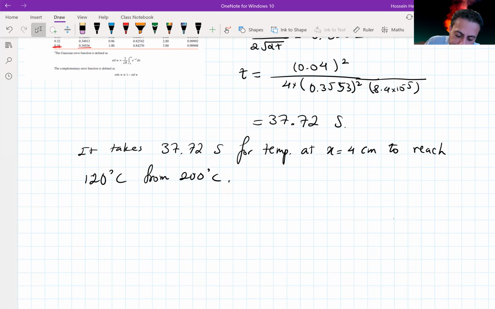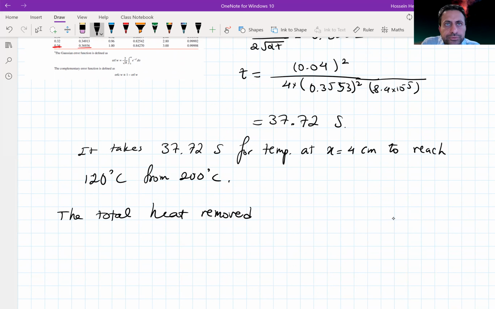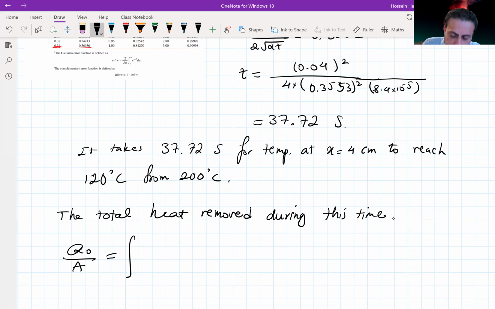Now the total heat removed during this time is going to be the integration of the flux at x equal to 0. So q0 over A is going to be the integral from 0 to any time, here 37.72 seconds, of flux divided by A, dt.